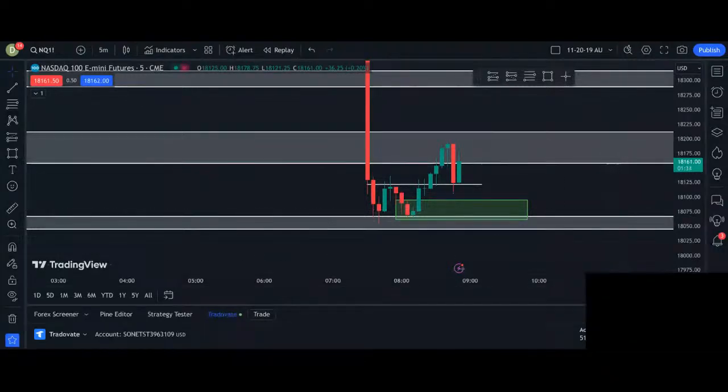As you can see, it's coming back down. It looks like this is just a retest. I don't know, we'll see. It's called market manipulation, price manipulation.